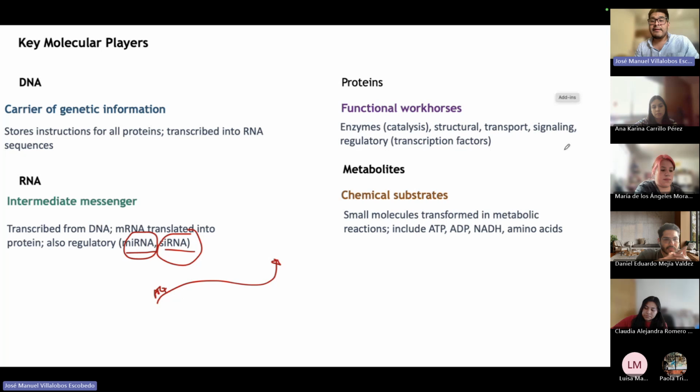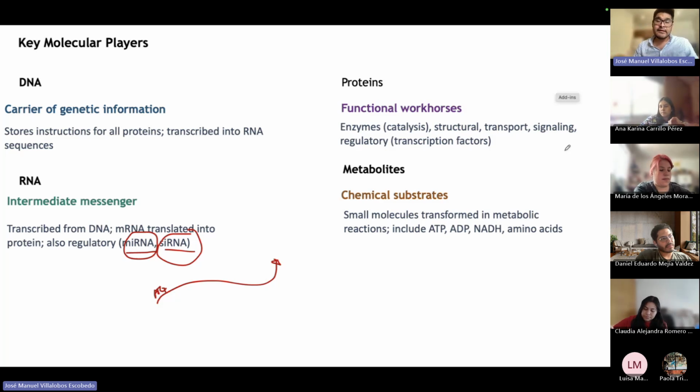Another kind of element that we can see is proteins. Proteins have different functions, for example enzymatic functions, but also structural function, transport, signaling, and regulatory functions like transcription factors. Transcription factors are very important in many kinds of networks, at least in regulatory transcriptional networks.